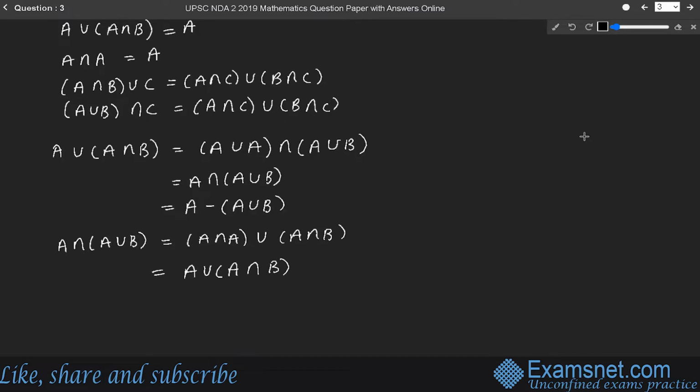Now, looking at the third option, A intersection (B union C) is equal to (A intersection B) union (A intersection C). It can be written in this way. So we can say that the third option is also correct, but the first option is not correct.